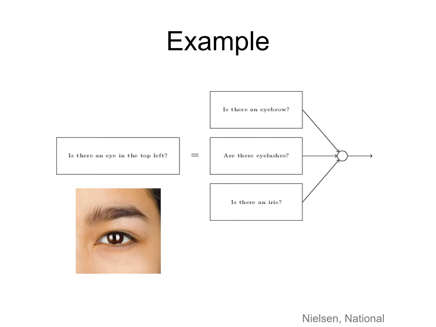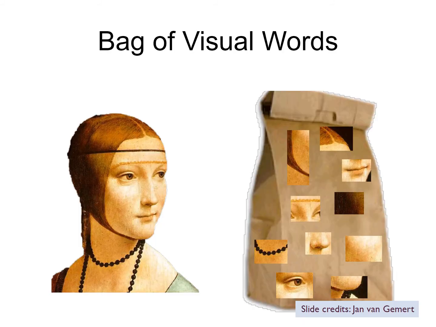But of course, how do we find an eye? Actually, it needs a further breakdown. Then we know that we need to find an eyelash, an iris, an eyebrow, so that the words can also be more detailed. A bag of visual words can usually be considered in another vivid way.